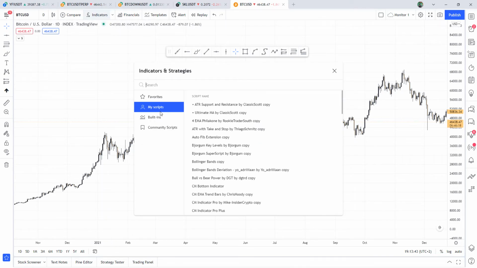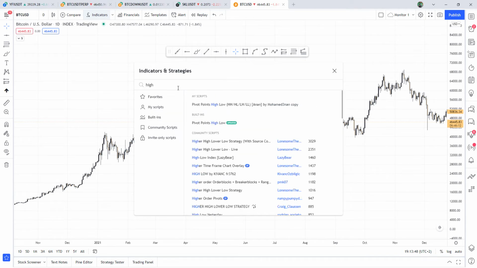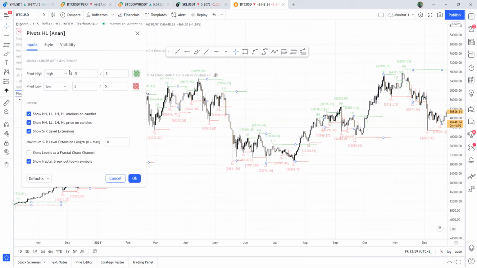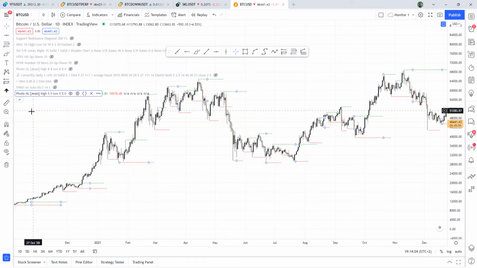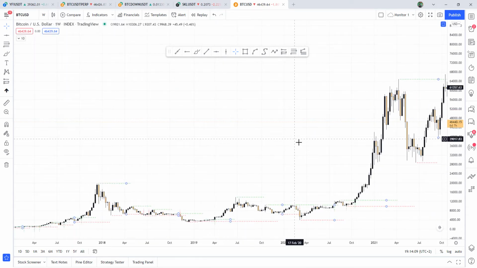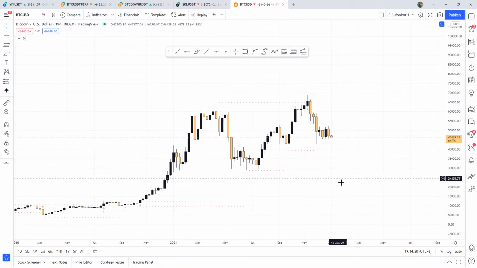Let's see if I find, for example, this one, pivot points high low. Any pivot points indicator actually works. Let me remove this, I'm going to leave only the lines. If you go on weekly, the thing with these indicators is that it doesn't show you all the levels, but it's fine.